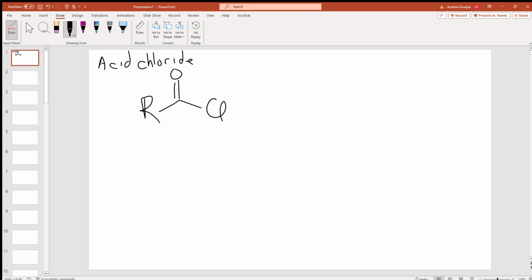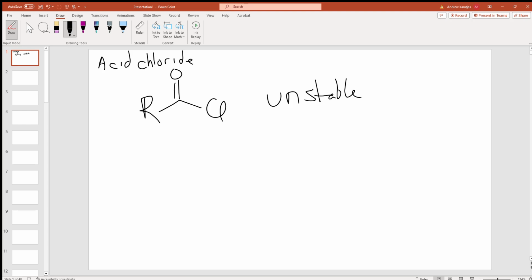The negative of acid chlorides is that many of them are highly unstable. And that comes from the fact that, again, they are so reactive. That being said, it's typically something that you can make right before you decide to use it.